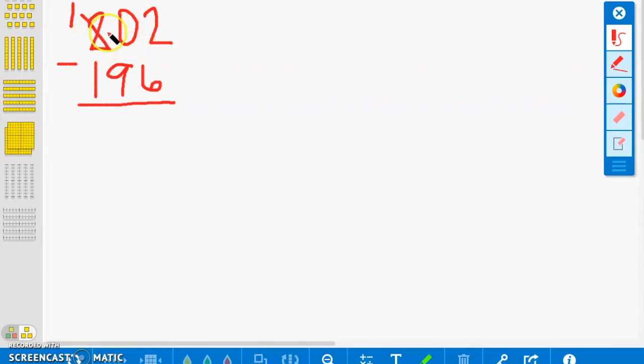that 100 flat and regroup it into 10 tens rods. So then you go back over to your ones place and you see that you now have enough to regroup.